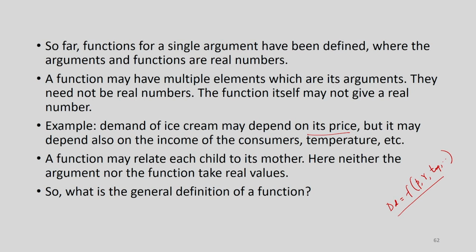And secondly, a function may relate each child to its mother. Here neither the argument nor the function take real values. Remember, a function is not necessarily a mathematical formula, it is just a relation. So, suppose this relation is relating a child to its mother. You name a child, a particular child in a class, and relate it to its mother, and that relationship itself is a function.